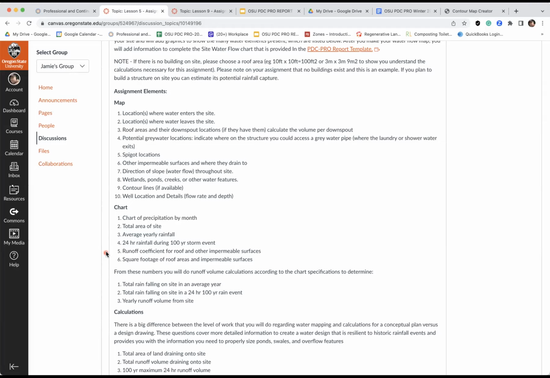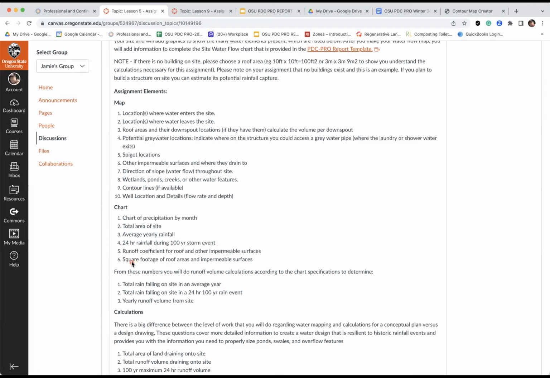Probably one of the best surfaces is metal, and that's more up in the 0.9, 0.95 region. We just switched our roofing last year, so we've gone with metal, and we're very much appreciative of the high quality water that we're getting from it. Not only that, we are seeing much more water coming off our roof into collection.